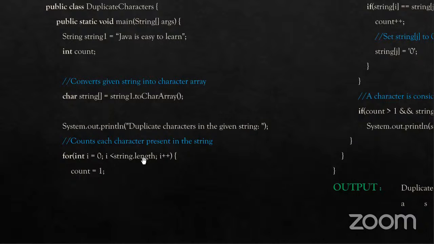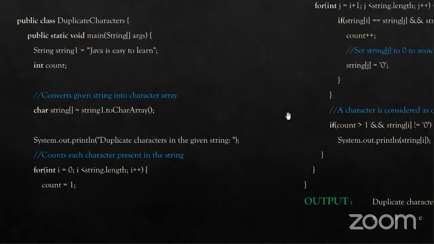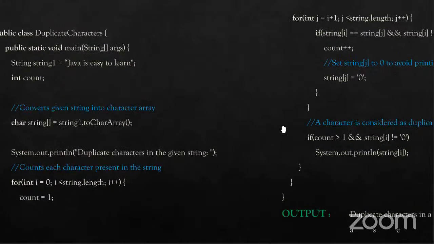This one is for finding the length of an array. Here we converted the string to a character array, so this is a length attribute for finding the length of the array. That is the difference between the string length method and the array length. Don't be confused about the length method of string and array.